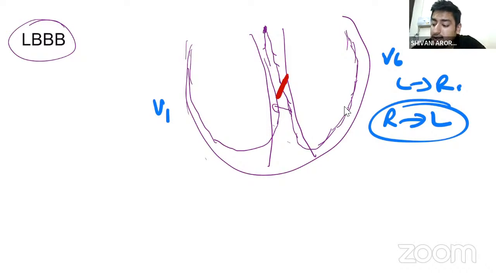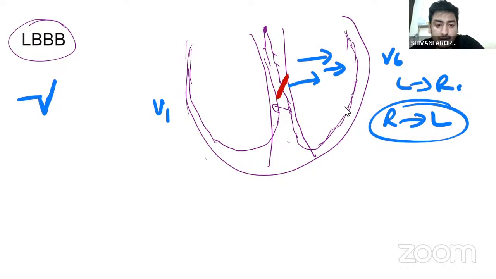Now the second thing to depolarize in left bundle branch block is the right ventricle, because the right ventricle would depolarize from Purkinje fibers while the left ventricle would now depolarize from ventricular muscle only. So it would take more time. So the second wave in lead V1 is a slight positive deflection, because the right ventricular muscle mass is very little.